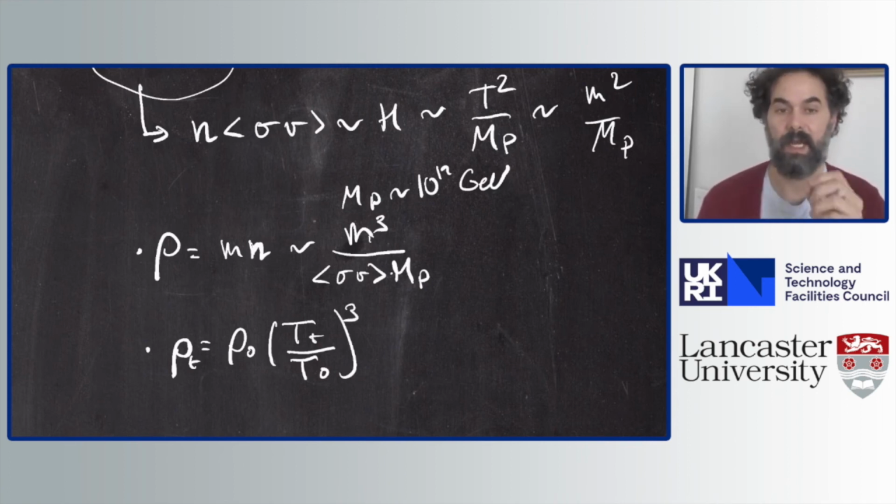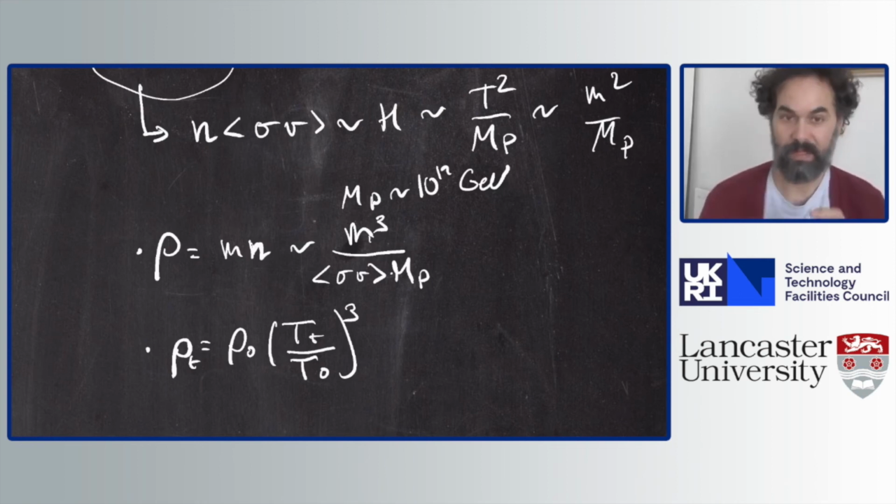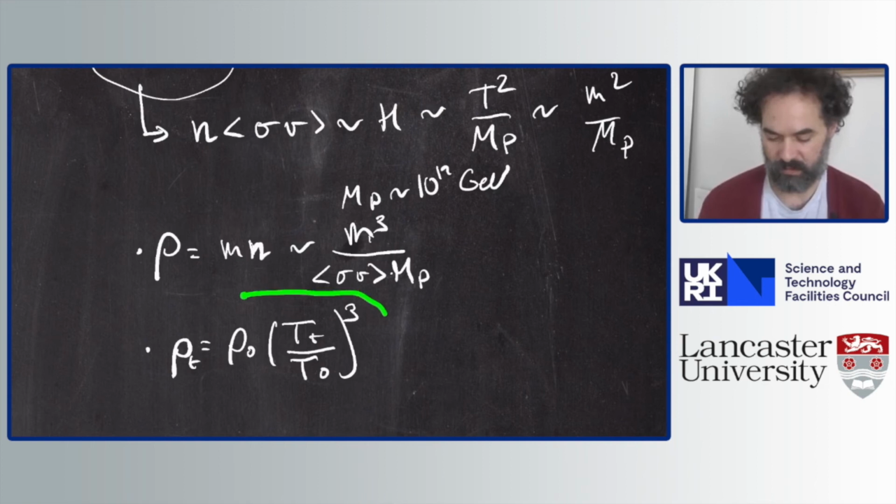It behaves as 1 over a cubed, and a behaves roughly as 1 over t. So the energy density as the universe expands, as a function of temperature, behaves this way.